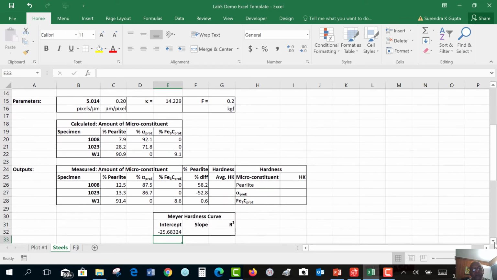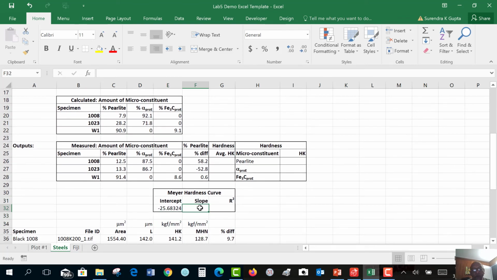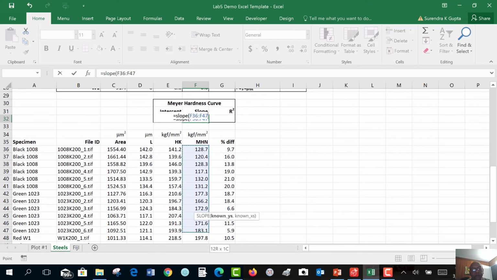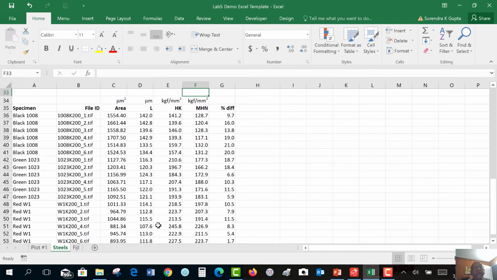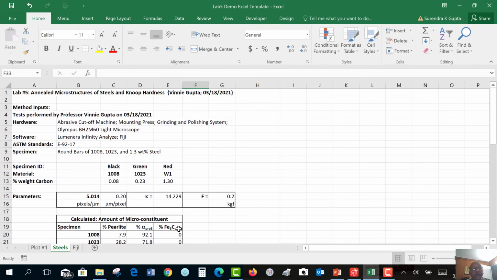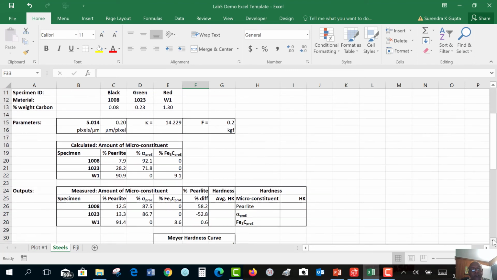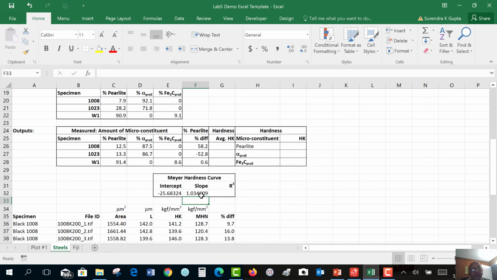Next, slope is y, comma, x values. So we expect the slope, if everything was ideal, it should be 1.